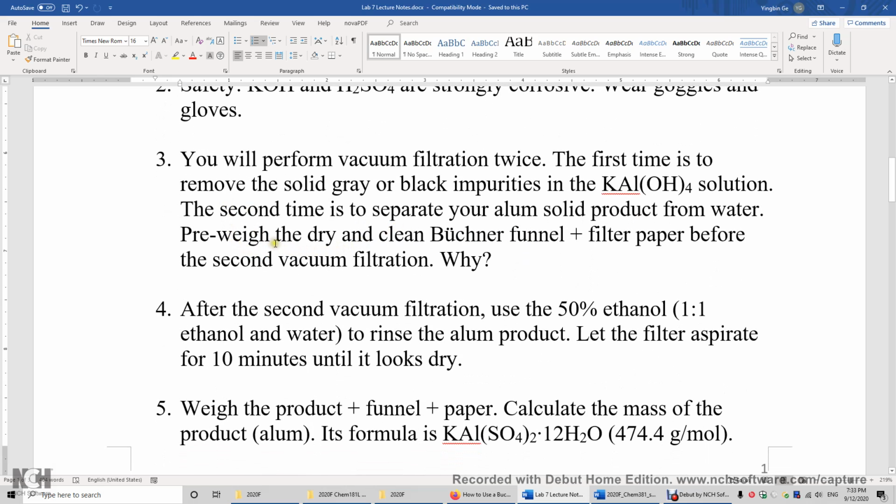Before the second vacuum filtration, you need to pre-weigh the dry and clean Buchner funnel and a filter paper. Why is that?